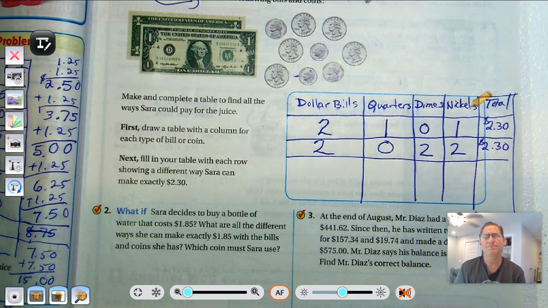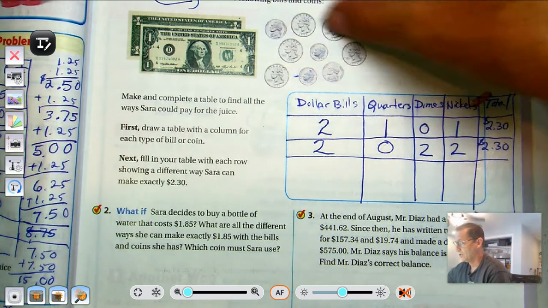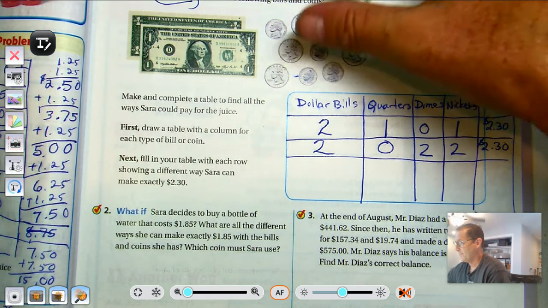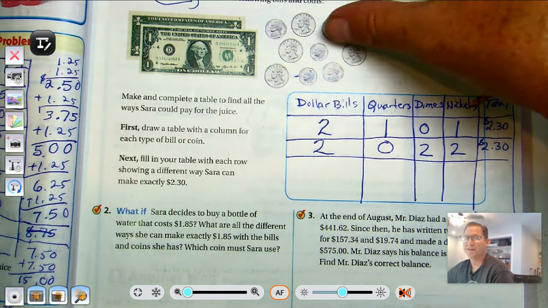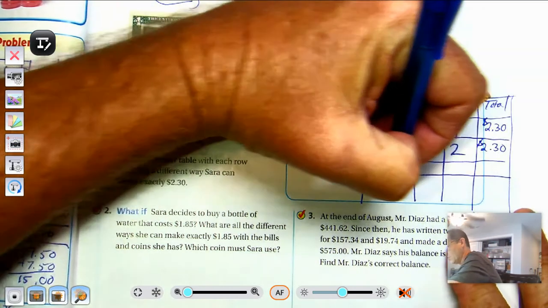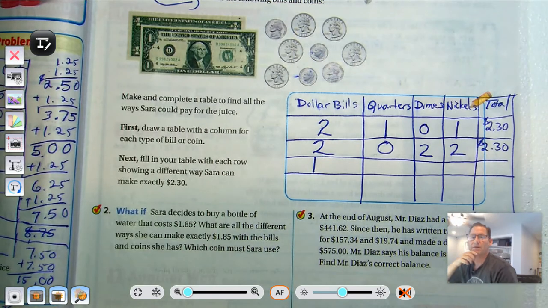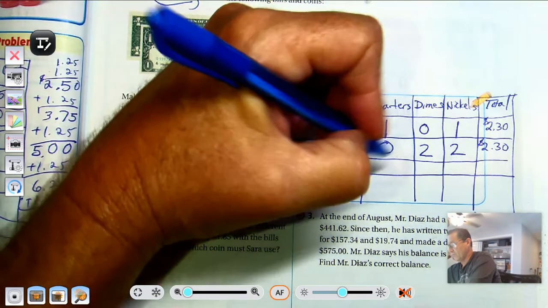All right. So now, can we make $2 with just the coins? Let's see, 1, 2, 3, 4. That's $1, right? $1.25, 35, 45, 50, 55. $1.55. So now I can't just use the coins. I'm going to have to use at least a $1 bill always. And we just talked about using 4 quarters.